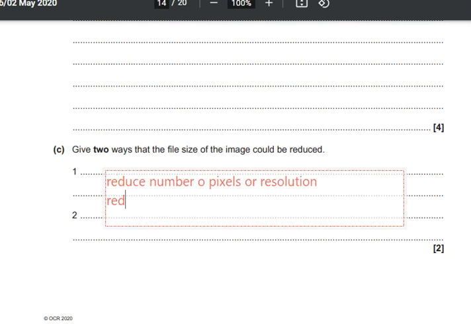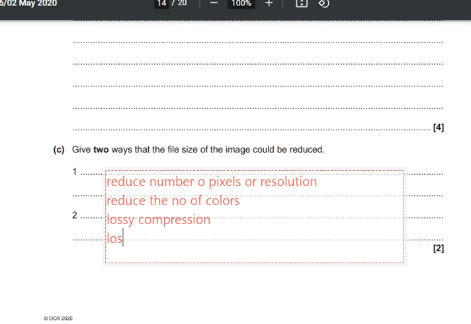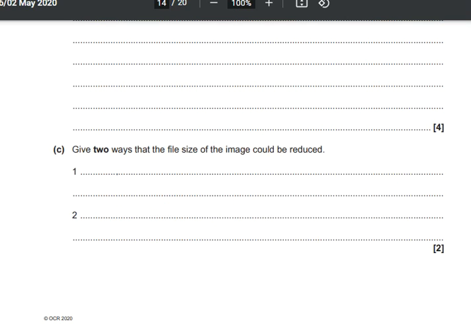Then we can reduce the number of colors. We can use lossy compression, and we can make use of lossless compression. So these are the 4 ways in which we can reduce the file size.